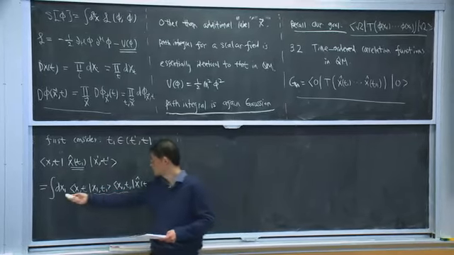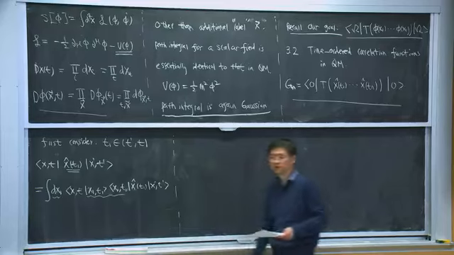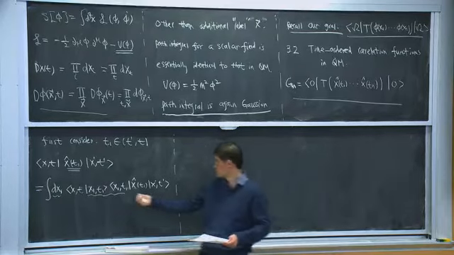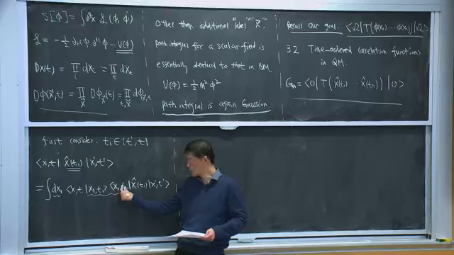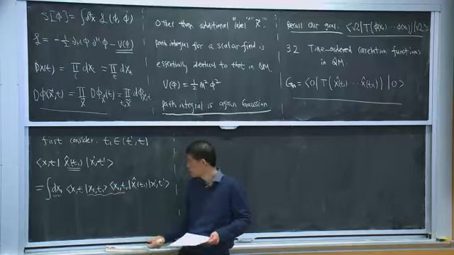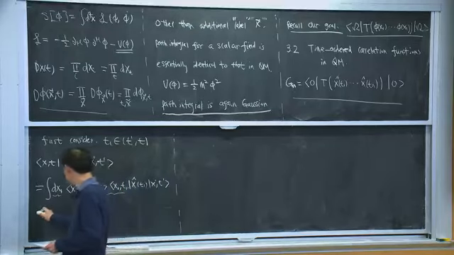This integrates to 1. Since this is an eigenstate at t1, x hat acting on it just gives the eigenvalue x1.